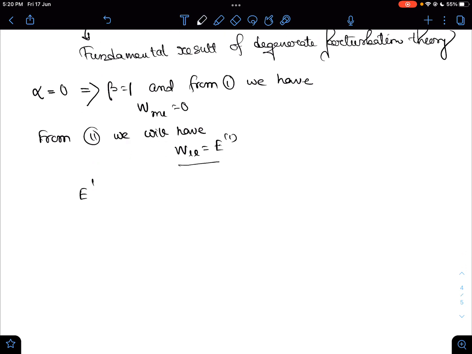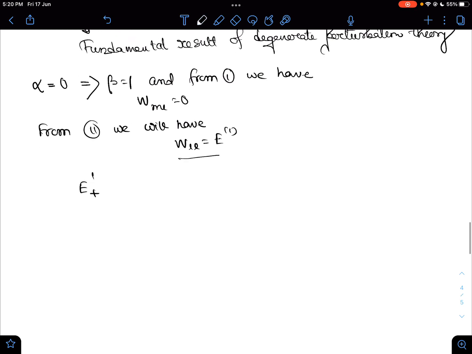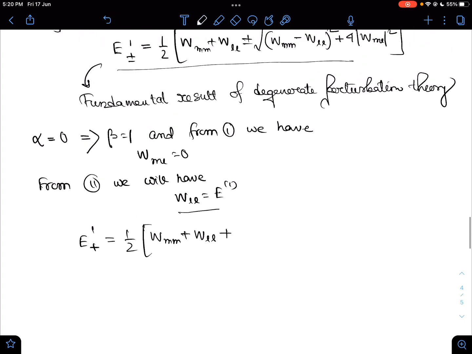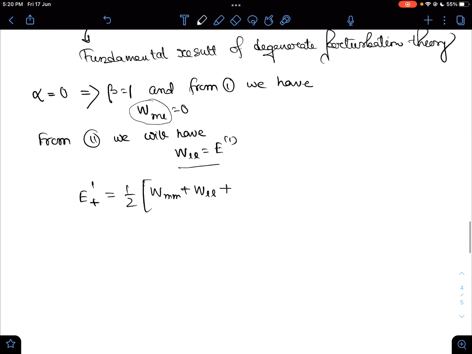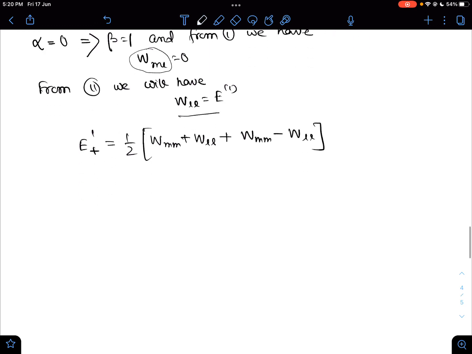So E1 plus will be half of WMM plus WLL, and for plus we have this. For the non-degenerate case this cross element is 0, so here we will have omega mm minus omega ll. So this is equal to omega mm.